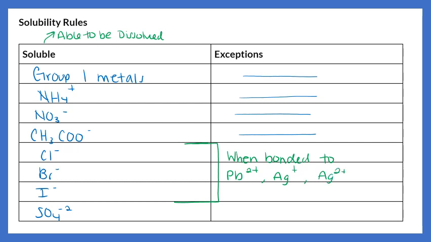So if you mix chlorine with lead, silver, or silver 2+, it will become insoluble and a solid will show, okay?